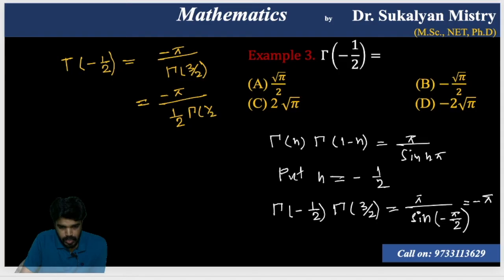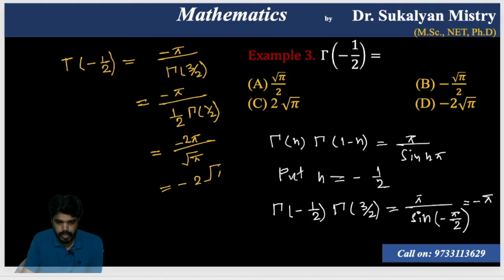Okay. So, that is minus 2 pi divided by gamma half, that is root pi. So, now we multiply. This will be minus 2 root pi. Okay. So, option D is correct.